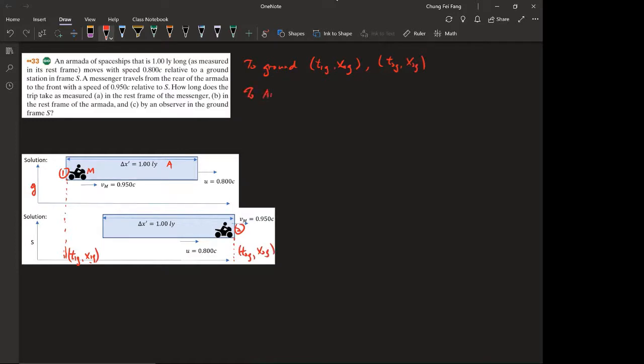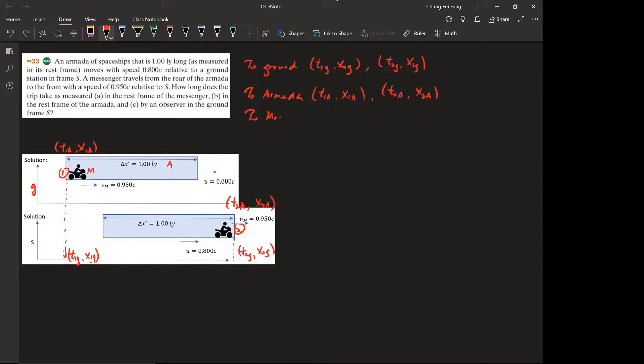The Amanda spaceship also has its own coordinates: T1A, X1A for the first event, and then the second event happened at T2A and X2A.